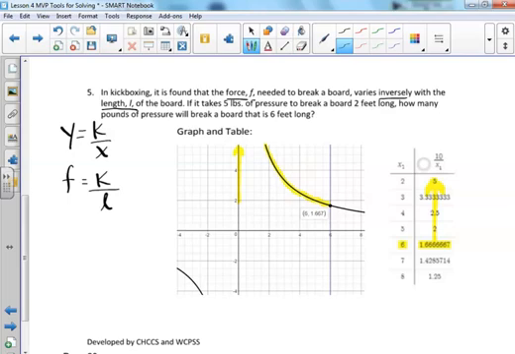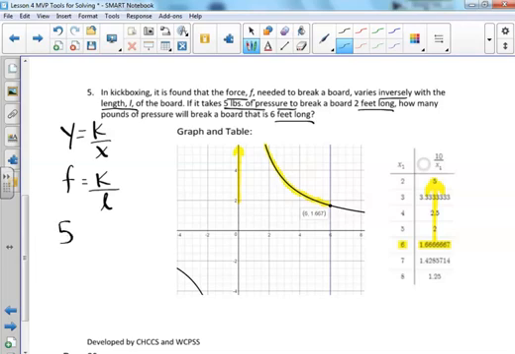We are then told that if it takes 5 pounds of pressure to break a board 2 feet long, how many pounds of pressure will break a board that is 6 feet long? So the first thing we need to do is find our k, or constant of variation. We will plug in 5 for F, since 5 pounds of pressure is our force.